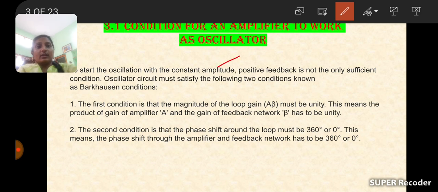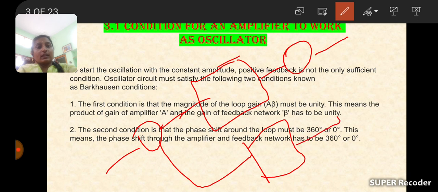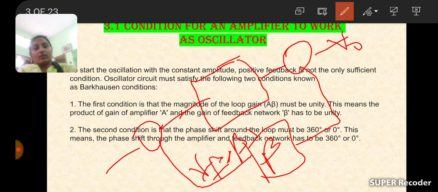So see here, this is the amplifier circuit and this is the input signal. This is the feedback network beta, and this is the output signal. So Vf is equal to beta times V naught, and here it is Vs, the source.